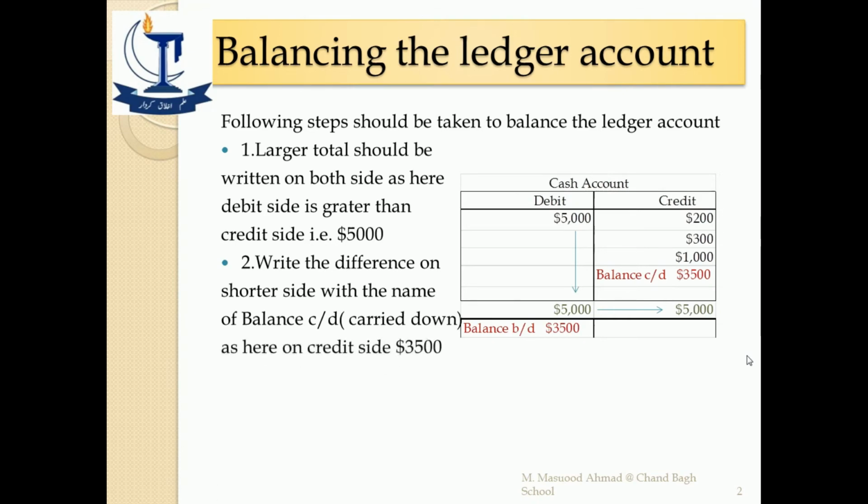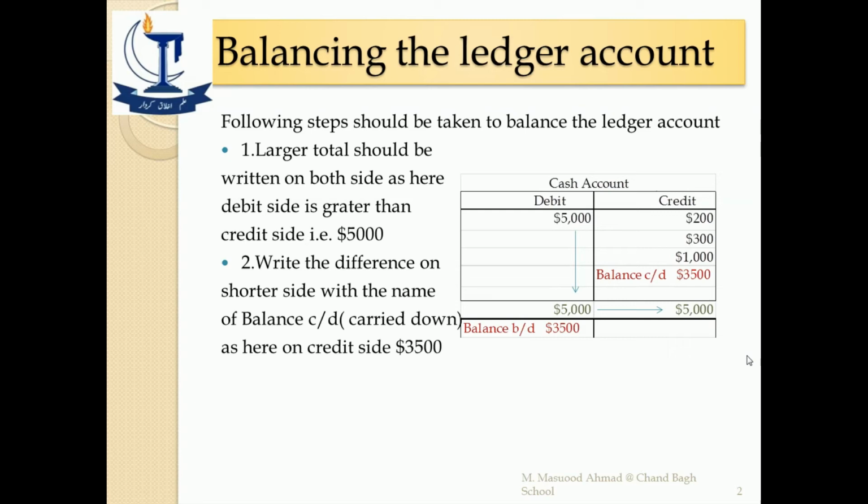Here on the credit side we have the shorter side, because the credit side was shorter, and that basically shows the supremacy of the debit side. So the debit side is exceeding the credit side by 3,500. Although we have written it on the credit side, it shows the debit side's supremacy, that is, that balance is not a credit but a debit balance.